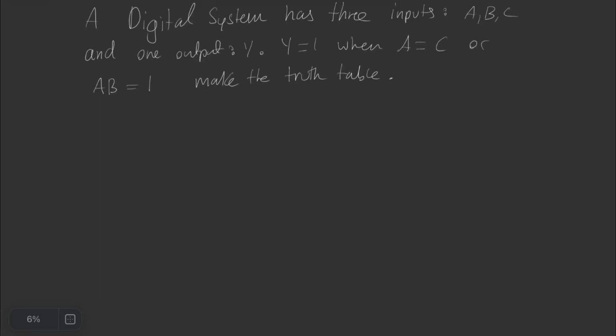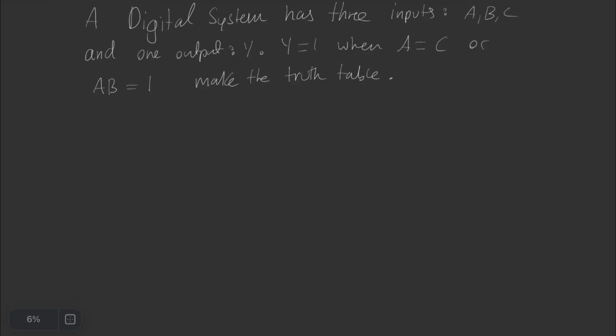Okay, guys, so for our final question: a digital system has 3 inputs, A, B, and C, and 1 output, Y. Y equals 1 when A equals C or A and B equals 1, and all we need to do is construct the truth table.